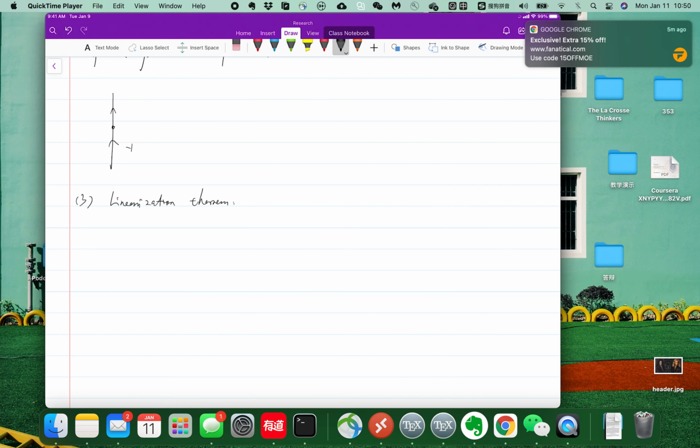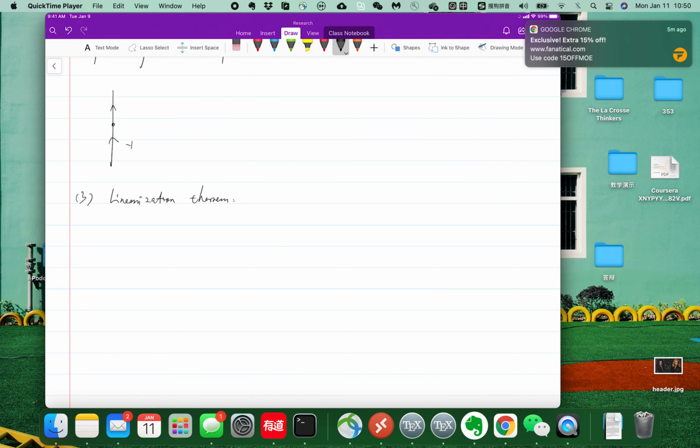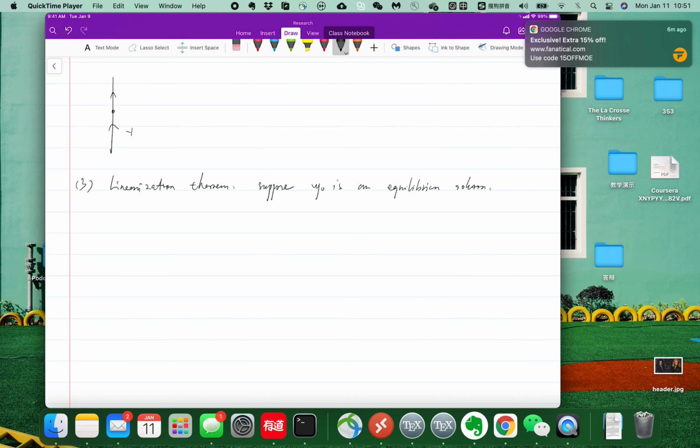Suppose we already have an equilibrium. Then what we can do is check the derivative of f with respect to y at the equilibrium. Okay. And we may have 3 possibilities.